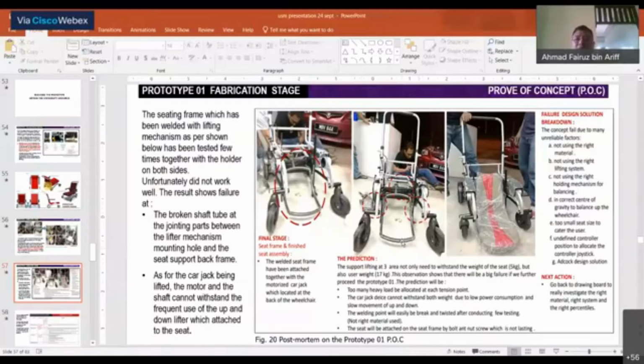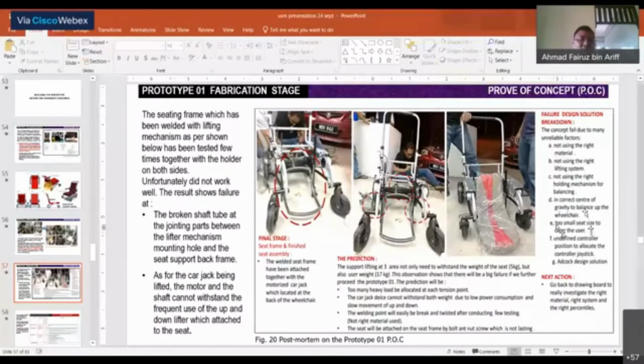Okay, so the failure design solution breakdown. Why? Because the concept is not using the right material. Most of the material in house is normal mild steel, not to the spec of high grade aluminium. It was not using the right lifting system, not using the right holding mechanism for balancing, had an incorrect center of gravity, so the seat needs to be adjusted, and a few others.